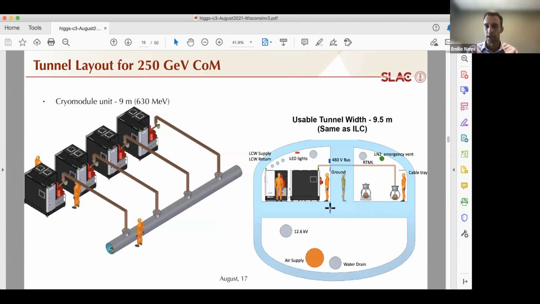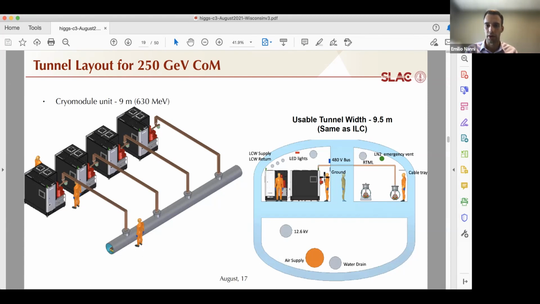The way this actually gets built in the tunnel is you'd have a separation between 2 sides of the tunnel for shielding. On the right, you have the installed cryomodule and space to transport cryomodules as you're building the main LINAC. This is actually the transport to bring the electron beam or the positron beam all the way to the end of the main LINAC.